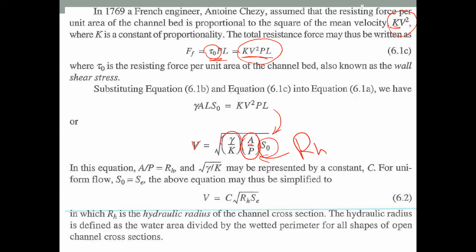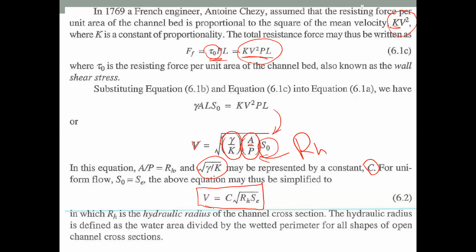And we have two parameters here, gamma and K. Gamma and K, they are constant. So he defined it as C. So this equation now simplified to a simple form like this. So this is the Chezy equation.